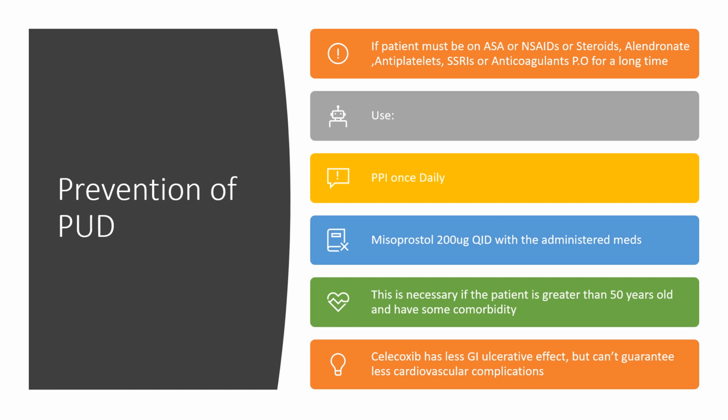Celecoxib has less gastrointestinal ulcerative effect. That's good, right? To be used if you are dealing with rheumatoid arthritis and you need to prescribe non-steroidal anti-inflammatory drugs and there's dyspepsia or there's peptic ulcer, right? But what are you going to say when it comes to cardiovascular complications?